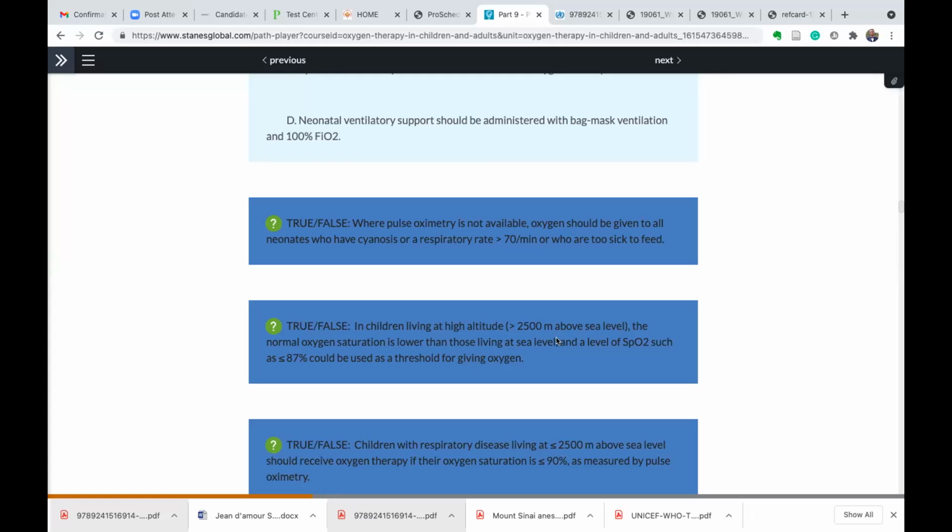So if the patient has cyanosis or tachypnea, which is defined by a respiratory rate above 70, or they are too sick to feed, those are signs of respiratory distress, then they need oxygen. So good job. Let's see the next question.